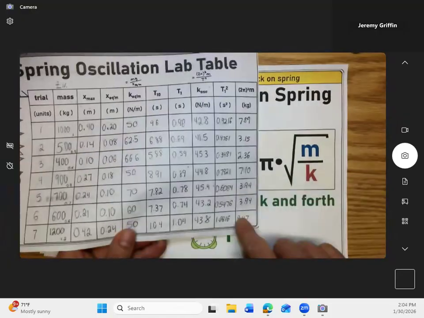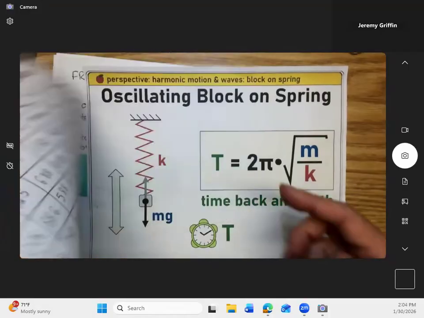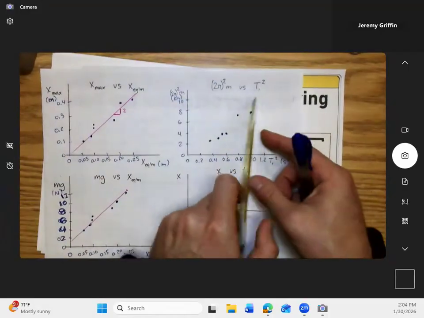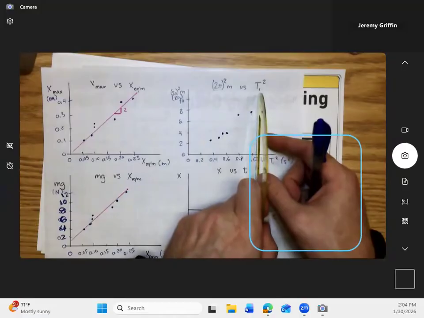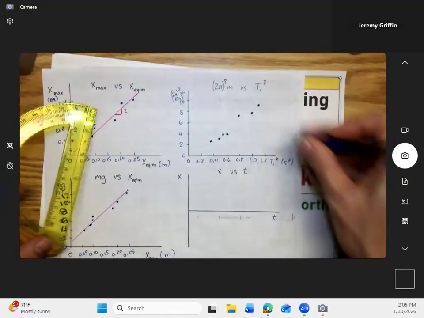Next. 1.08, 9.5. So right there. All right.